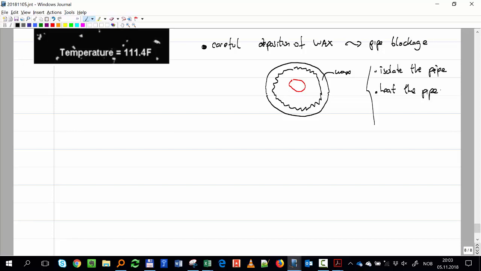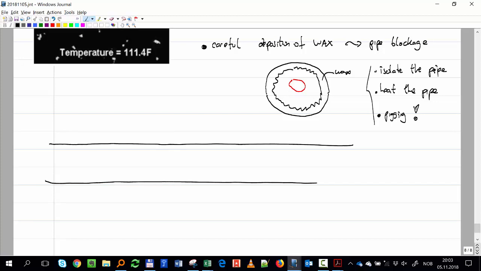Or you can perform pigging. Pigging basically is sending something inside the pipe. Let's say that's your pipe, and here you have some wax that formed on the walls.